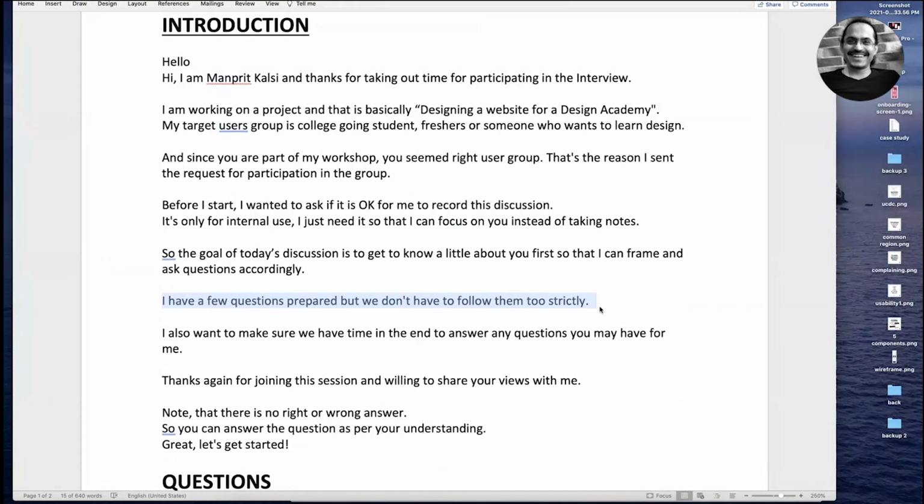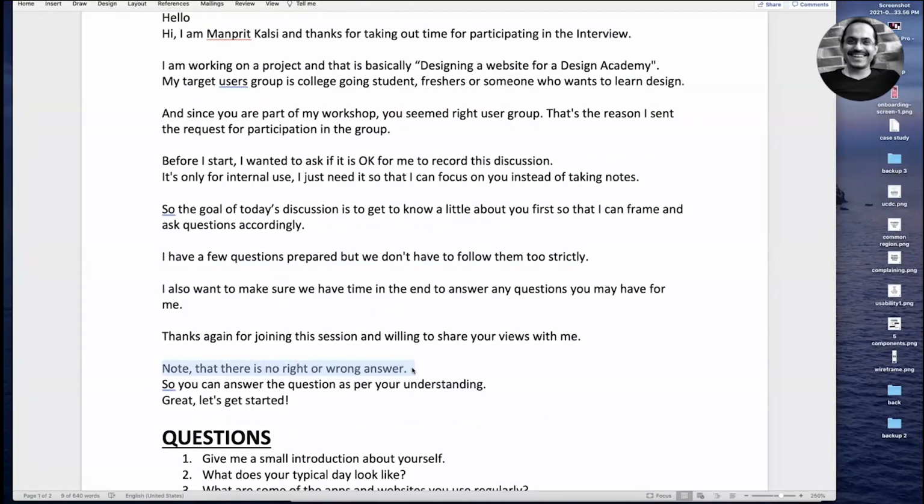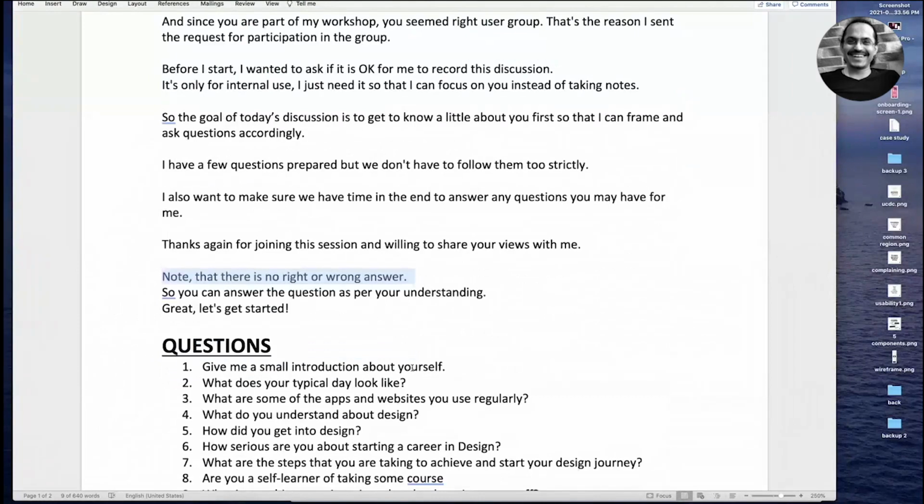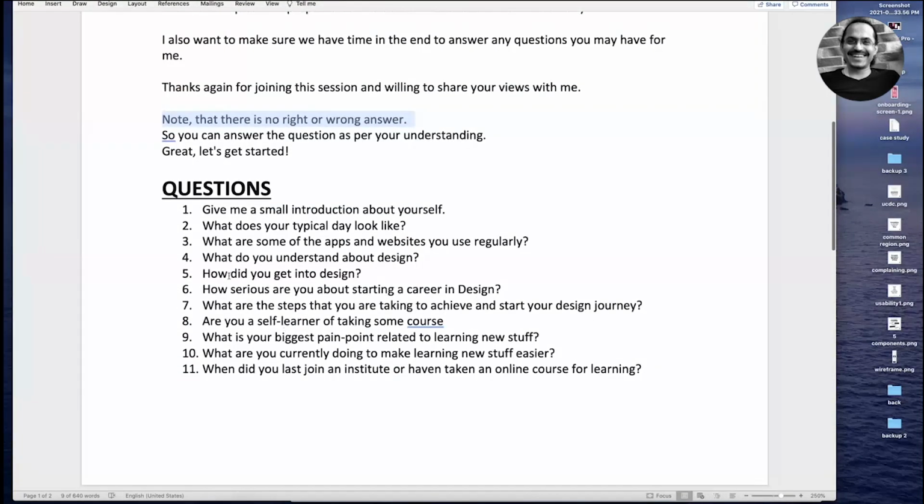Always tell them there is no right or wrong answer, we'll have a casual discussion, and the objective is to understand what they want, or what their expectation is from the product, and so on. And whenever writing questions, always first try to get an introduction of the user, like: give me a small introduction about yourself, what does your typical day look like, and then get into the main ones.